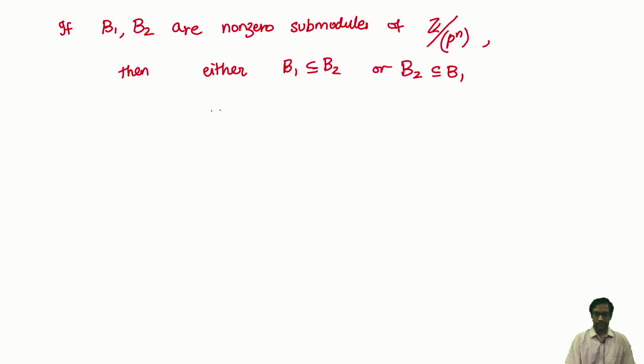In particular, it means that their intersection is not 0, because the intersection is one of them, either B1 or B2, whichever is smaller, and I have assumed I have two non-zero submodules. So what does that mean?